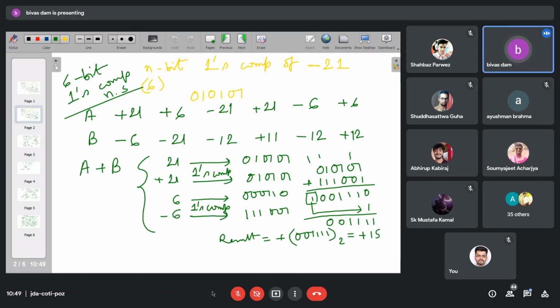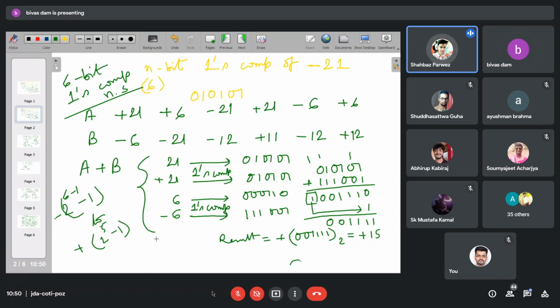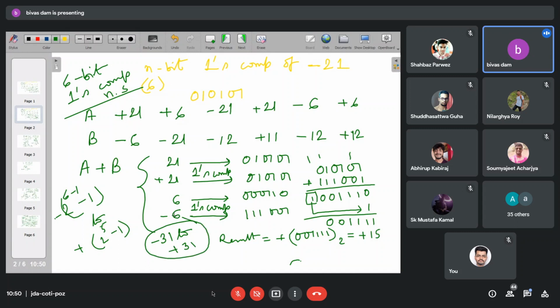So in that 6-bit ones complement number system, what is the range of numbers that you can represent? Minus 31 to plus 31. That is the range of numbers that can be accommodated within this 6-bit ones complement number system.